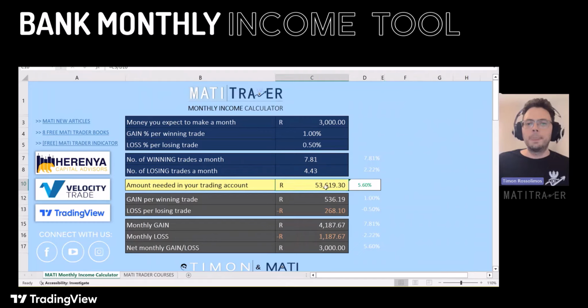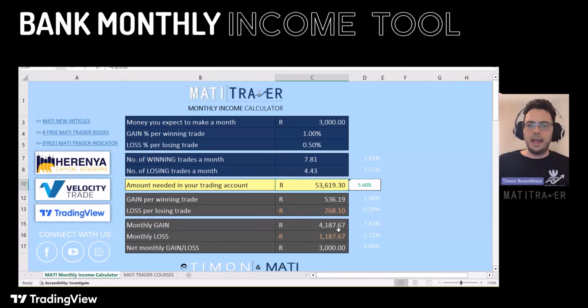So now, here's where it might boggle your head at first. Have you noticed that when I went from 2%, where the loss was 2% to make 4%, we needed 13,404 Rand. And then if we risk less, 0.5% per trade to make 1%, the amount needed in your trading portfolio skyrockets.